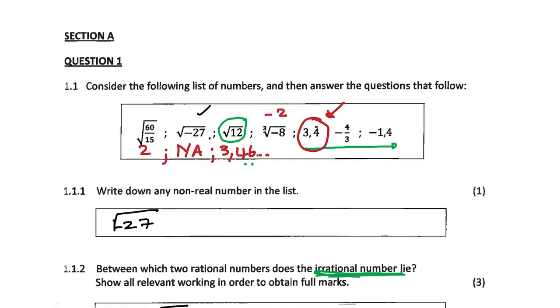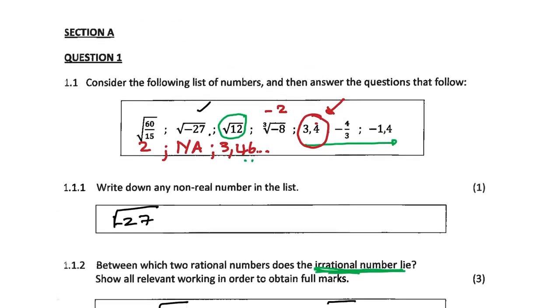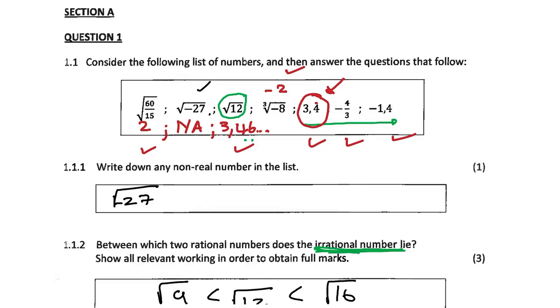So which numbers are real numbers? We know that real numbers are just numbers that when we put them in a calculator, they exist. So all these numbers are real numbers. Now which numbers are closest to each other? If we look at 2 and negative 2, I'm not sure they are closest to each other.